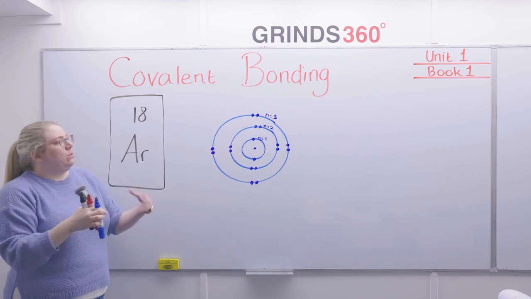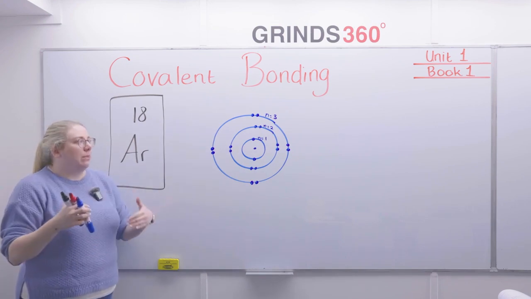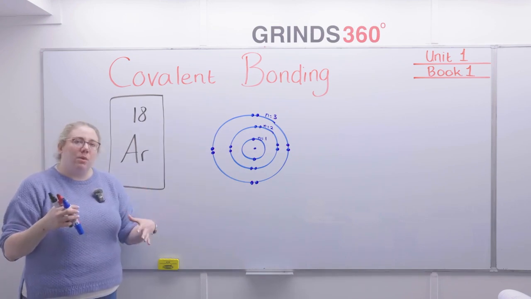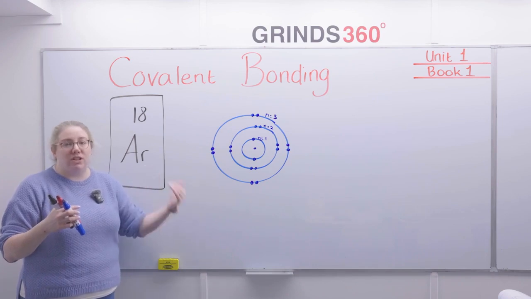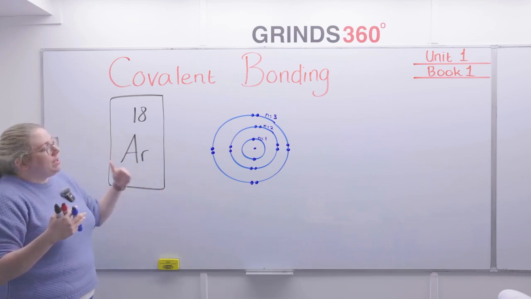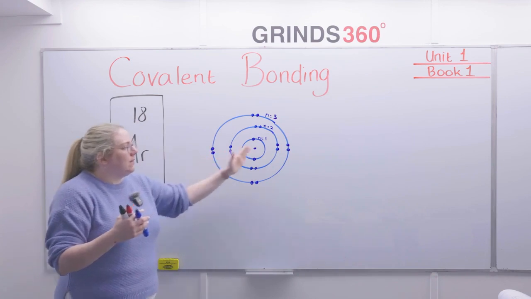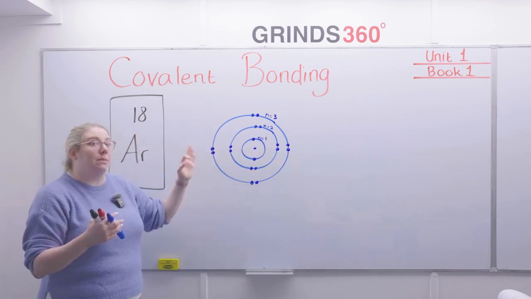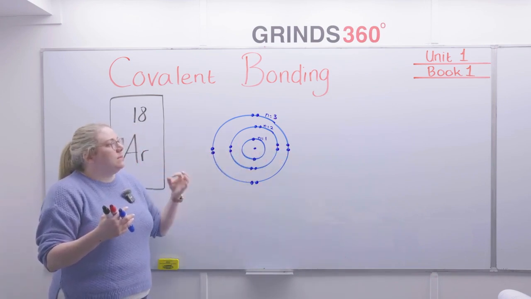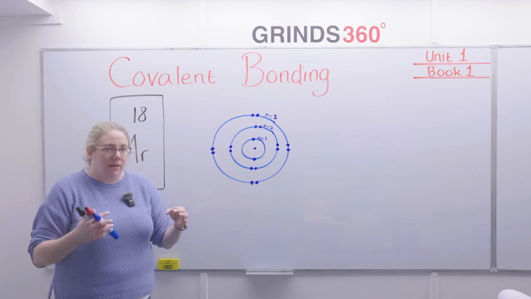But when we go on and look at the trends topic, one of the definitions that we'll come across is the definition for atomic radius. What this specific question is asking you is, why is it difficult to figure out how wide this atom is? And it actually comes from the definition for what an atomic radius is.